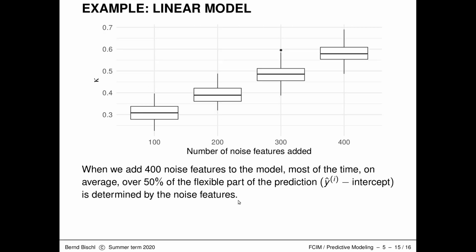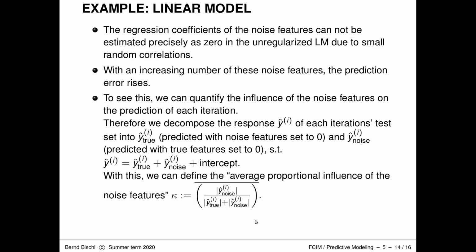And if you look at this visualized for different numbers of noise features added, so for example 100, 200, 300, 400, what you can see easily is that most of the time, on average over 50%, or a large percent, of the flexible part of the prediction, which is here y hat minus the intercept, is actually determined simply by the noise features, which is a completely bogus part of the prediction, and of course cannot add anything valuable, and basically will shift it away from a reasonable value.